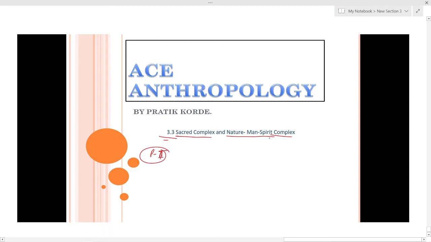This is a very important topic as far as UPSC and the optional paper are concerned, because this is one of the highest weighted topics from paper 2, and hence it requires special attention. So the sacred complex is also called a religious center, and a question can come on the significance of the study of religious centers.